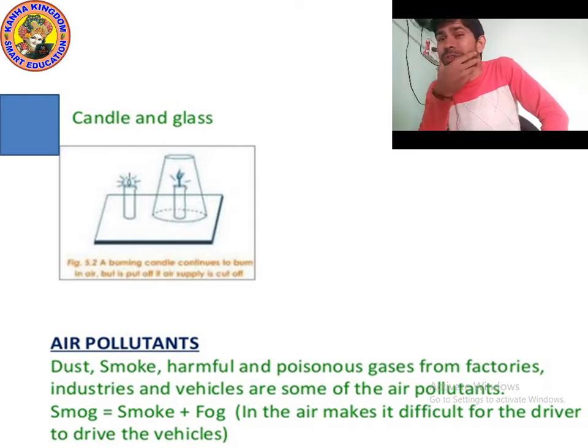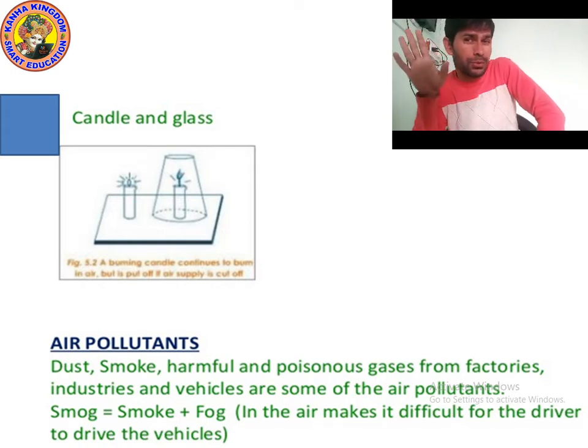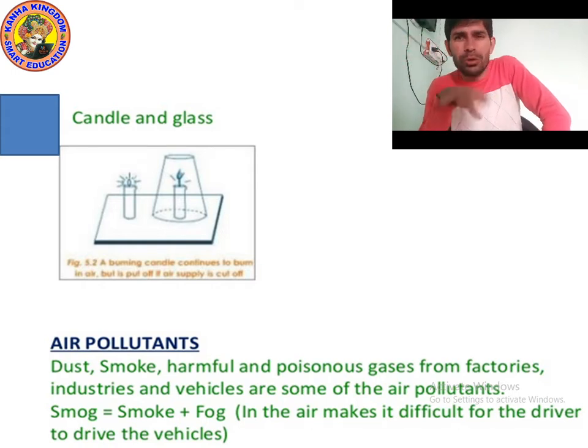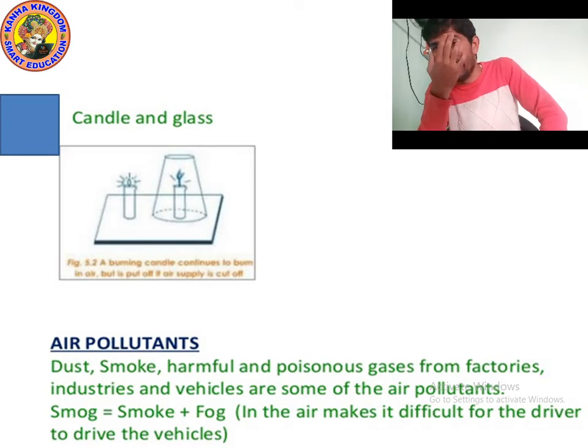You might have seen during the winter season, in the morning time, if you drive, you cannot see anything clear. You will see the smoke, dhua, which is actually smoke plus fog in the air, and it makes it difficult for the driver to drive the vehicle.